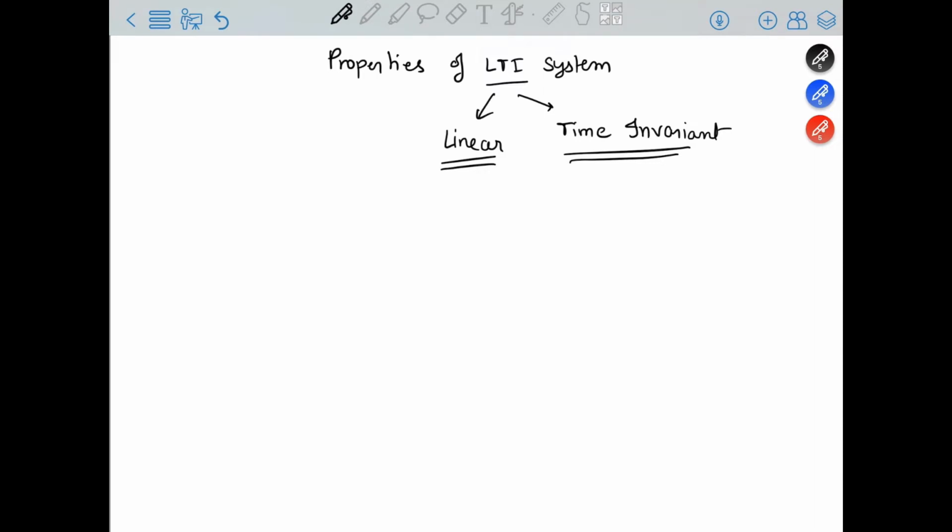We know from our previous understanding that any continuous time or discrete time system can be represented in terms of its unit impulse response.